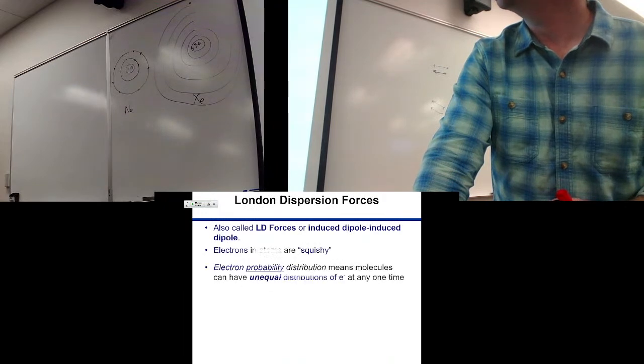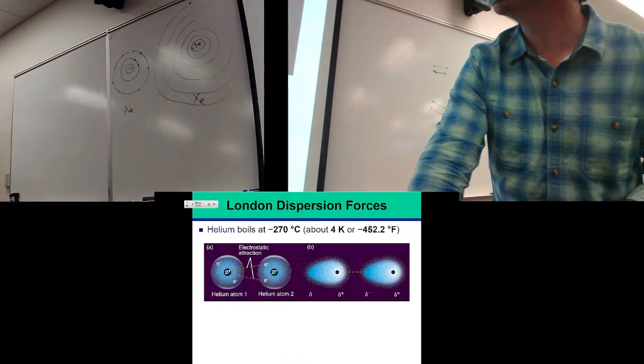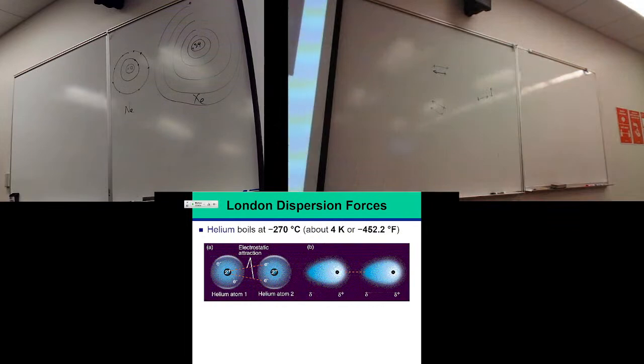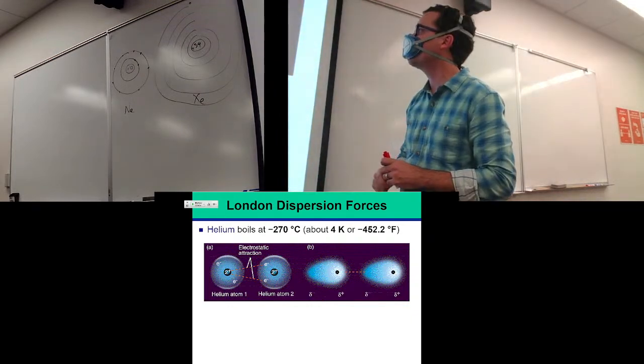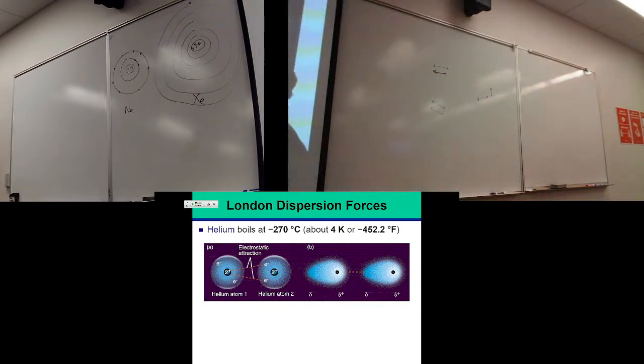So we talked about this. Two helium atoms. They're completely neutral. They have 2 electrons each, 2 protons in the nucleus, maybe a couple neutrons as well. And when one coincidentally gets near another one, maybe the electrons for one helium are coincidentally on one side, and it causes the other helium's electrons to be repelled away.